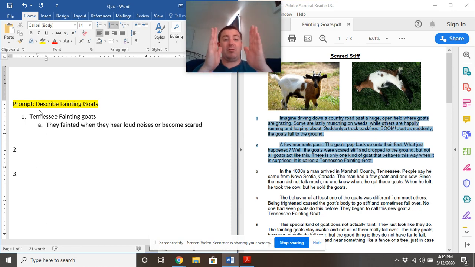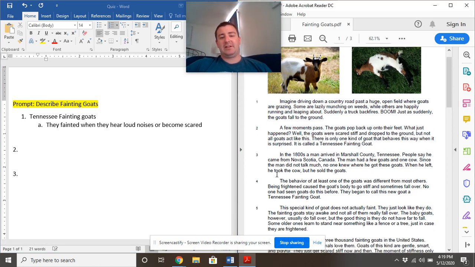So this is the bit where I'm going to frame out my piece. I'm saying what they are. Okay, the article is called "Scared Stiff." The prompt is describe the fainting goats. And I'm going to start by saying, well, they're Tennessee fainting goats. That's what we're talking about. And what are they? Well, they become scared, they faint.